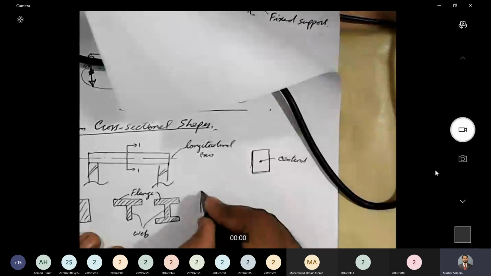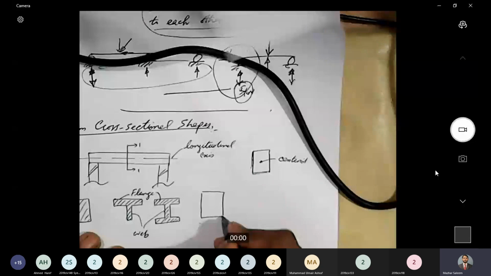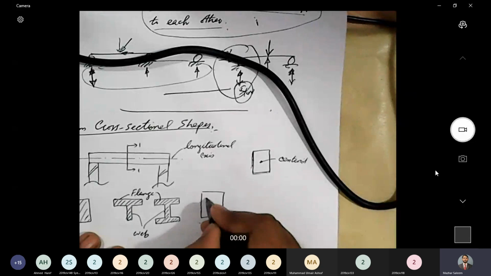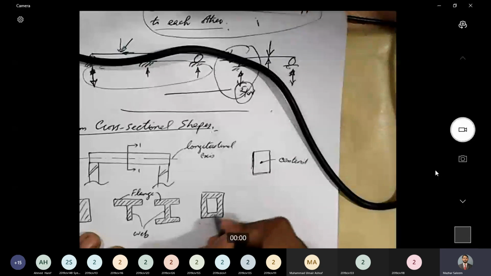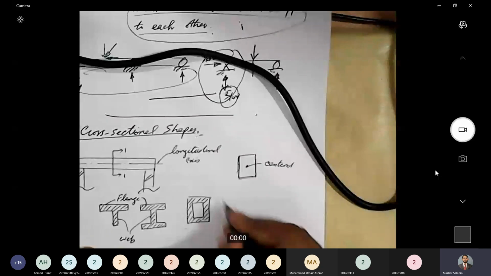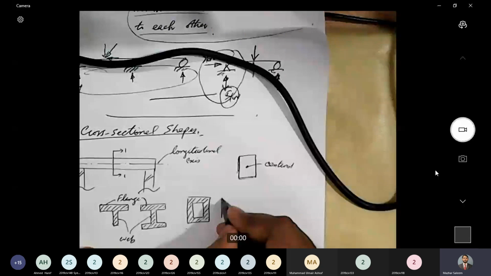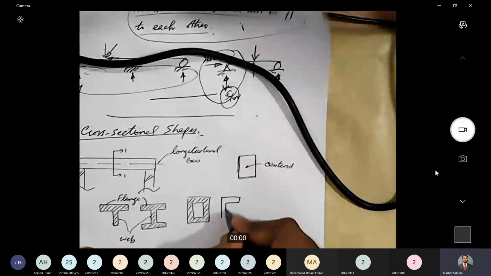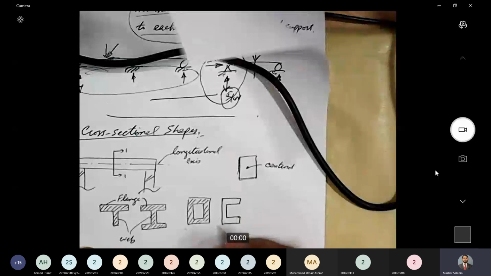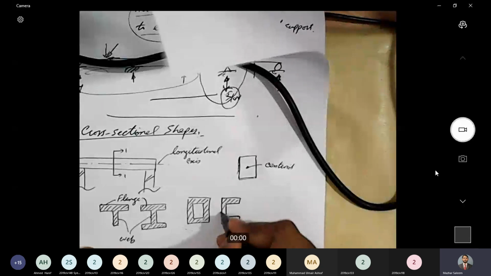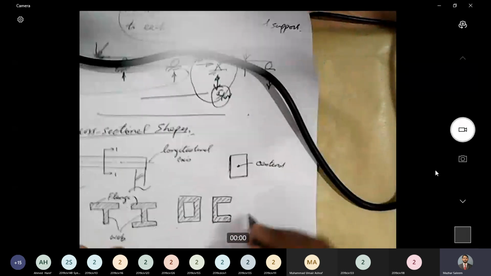Other shapes that we might be dealing with are the box shape. It's a hollow section, but the shape is rectangular. Another section we might be dealing with is the channel section. It is also termed a C section. Sometimes we might also deal with an L section.